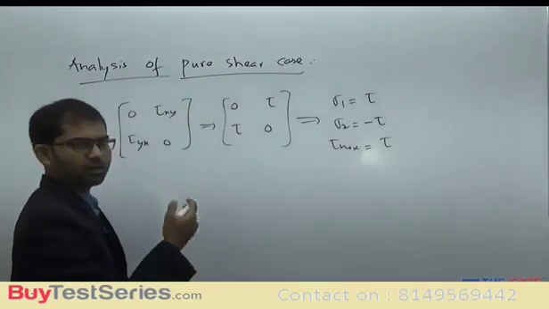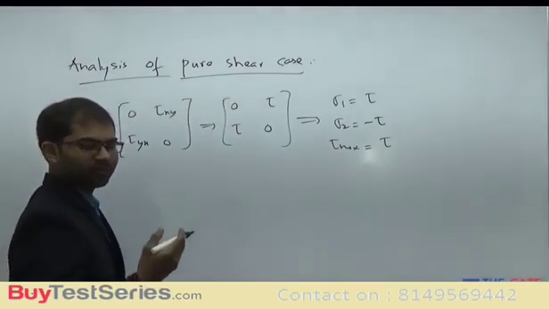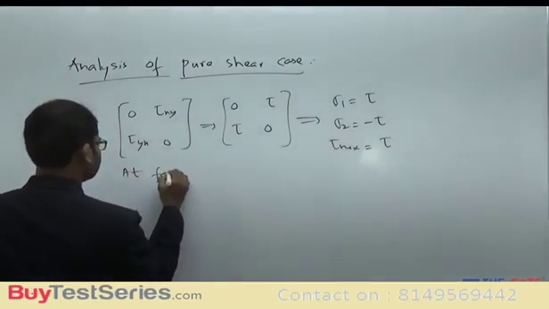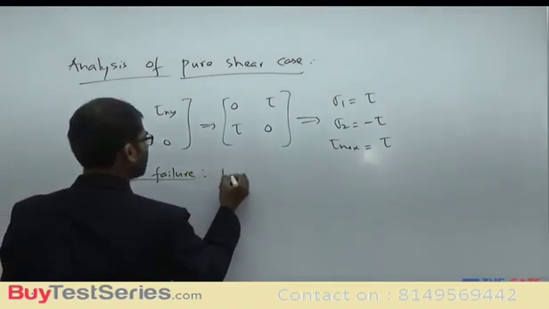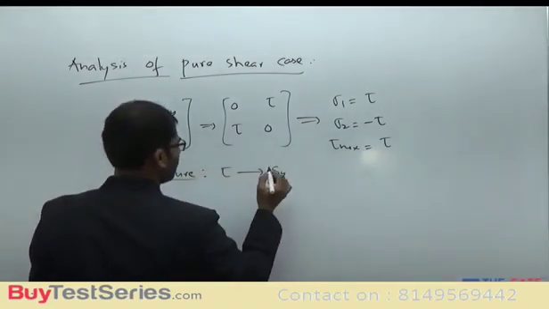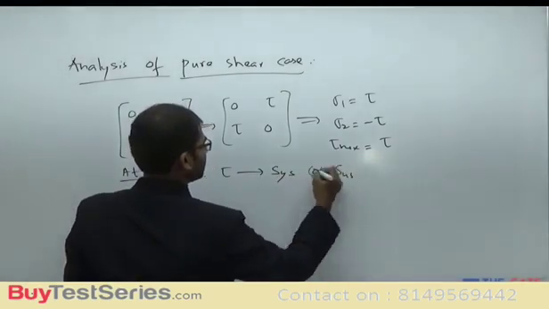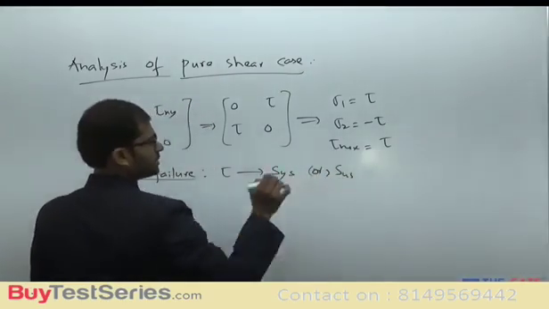And this material also cannot take stress more than the strength of the material in this loading case. So at failure, this tau value reaches SYS or SUS, that is, yield stress in shear or ultimate stress in shear.